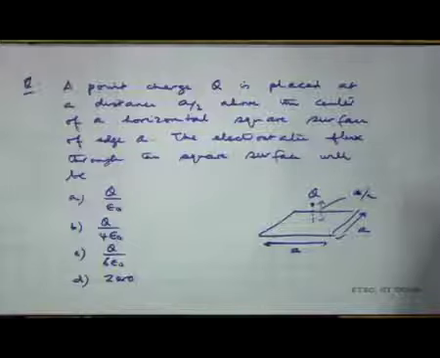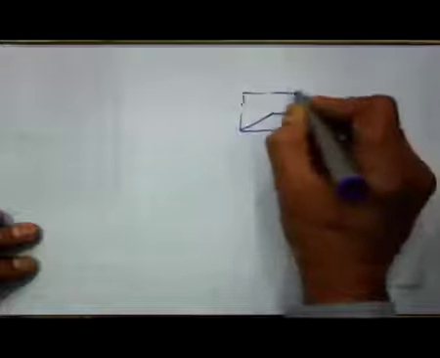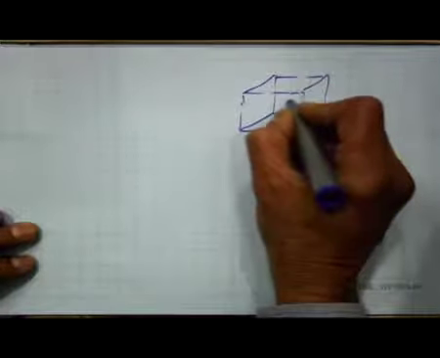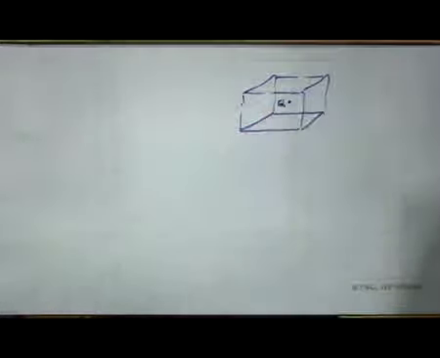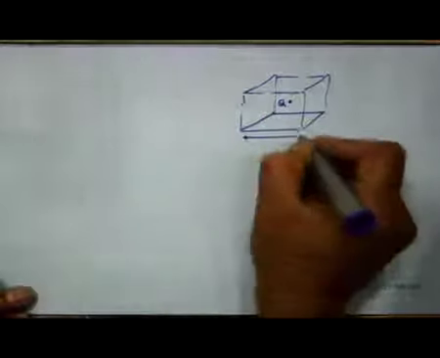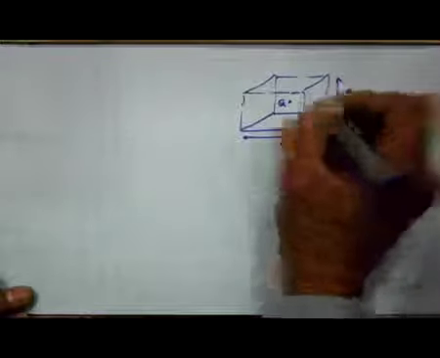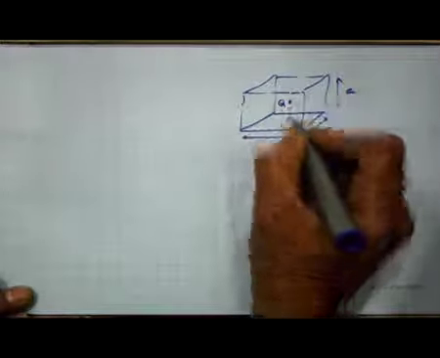Now, obviously, you can do an integration of E dot dA to calculate the flux, but that is much more complicated. I can very quickly solve the problem by constructing a complete cube around this, and the charge is at the center of this cube, because this is side A, this is side A, and this is side A, and this height is a by 2.